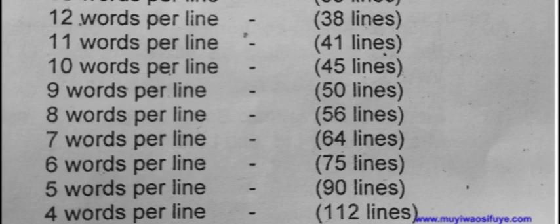If you look at the table, since you already know the number of words you have per line, you now look at the number of lines that corresponds to it, and that determines your 450 words.